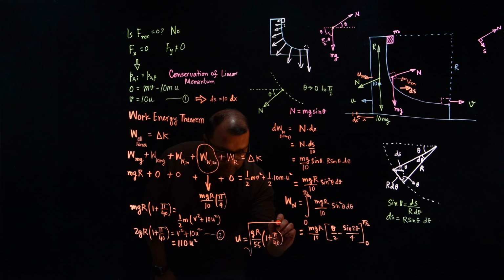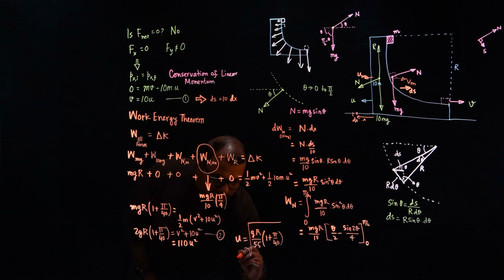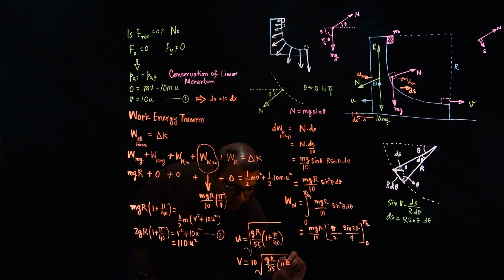So if you got u, v is 10u, so v is 10 times the square root of gr by 55 times (1 plus pi by 40).